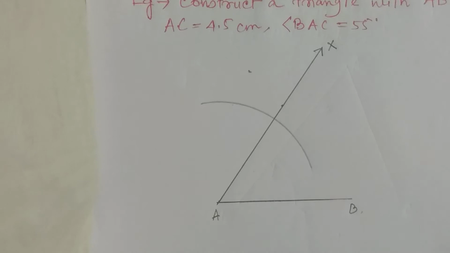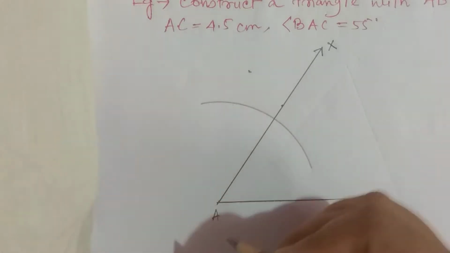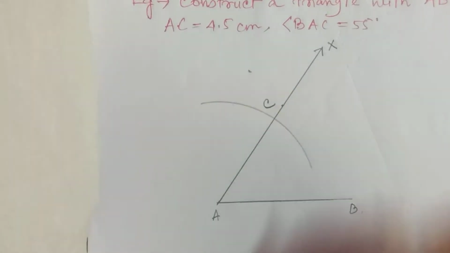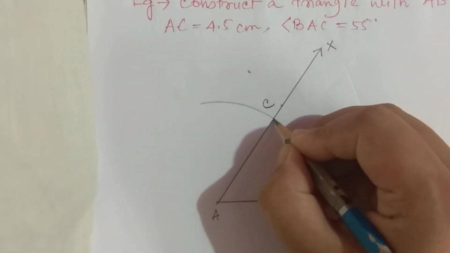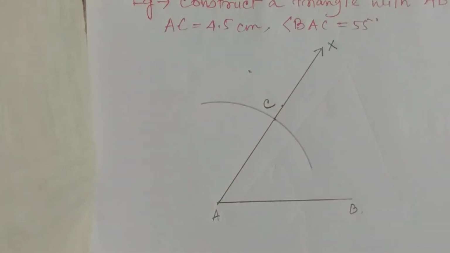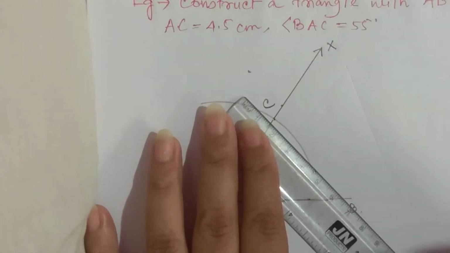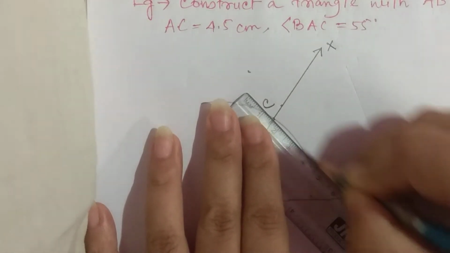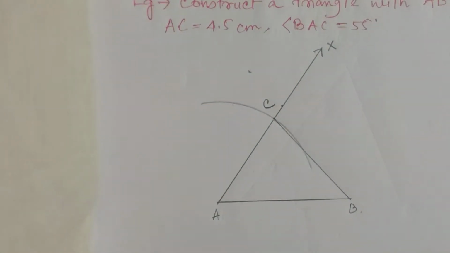The arc cut the line XA at C. This point will be marked as C. Now we will join BC. Hence, ABC is the required triangle. In some questions, it may be asked to measure the other two angles also. So this is just an example.